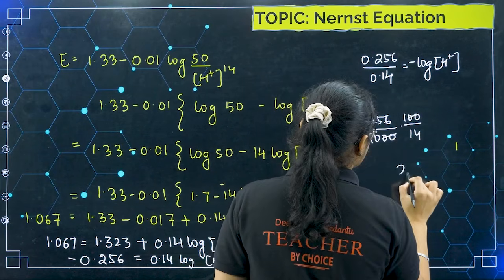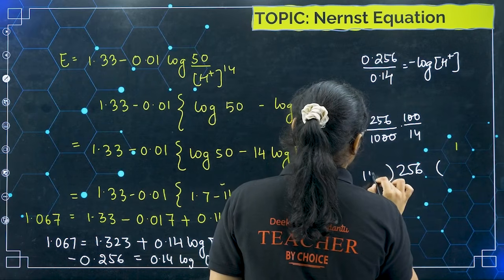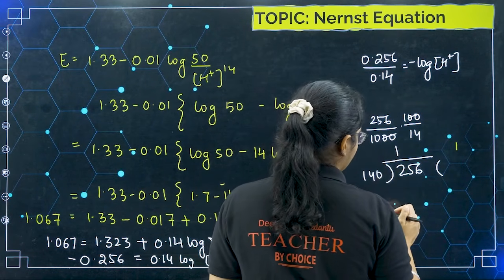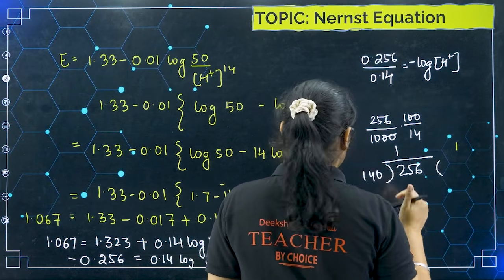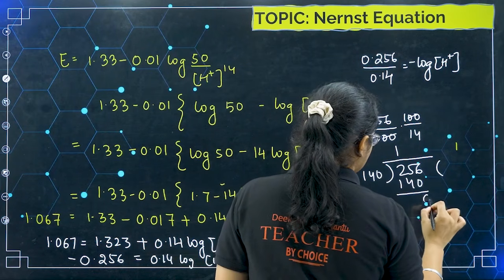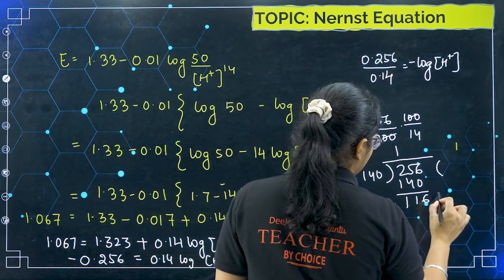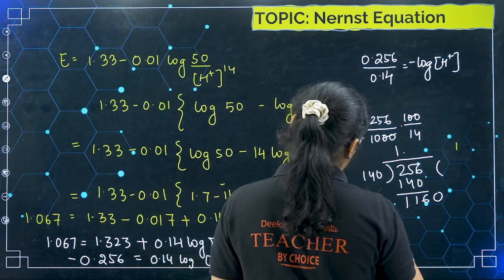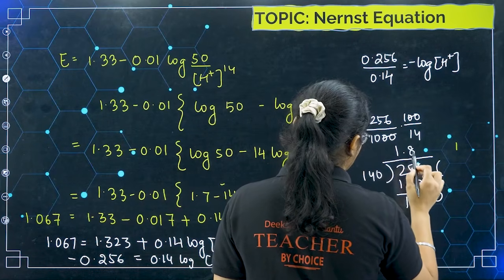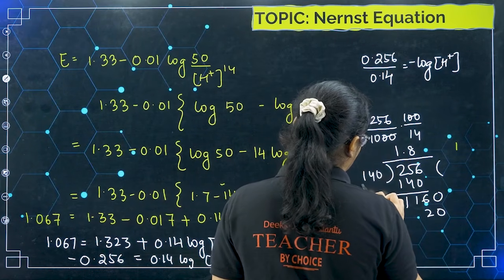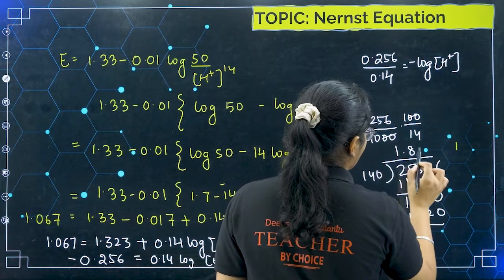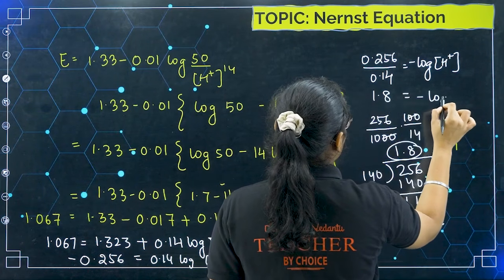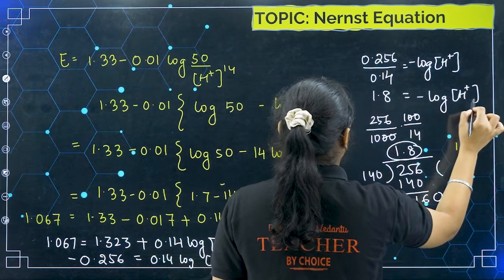So I have 256 divided by 140. Okay, so 1, I have to take 1 only because 14 2s are 280, right? So I'll have 140 here, 6, then I have 116, again I can go this side, and if I take 9, so 9 4s are 36, 9 will be higher, I can take it as 8, 8 0s are 0, 8 4s are 32, 8 1, okay. So I'll get 1.8 something. So 1.8 is equal to minus log of H plus, right?